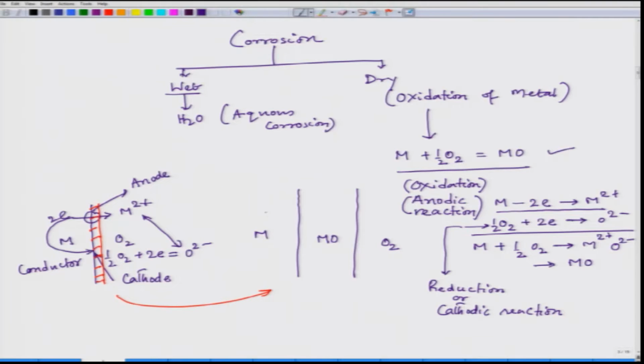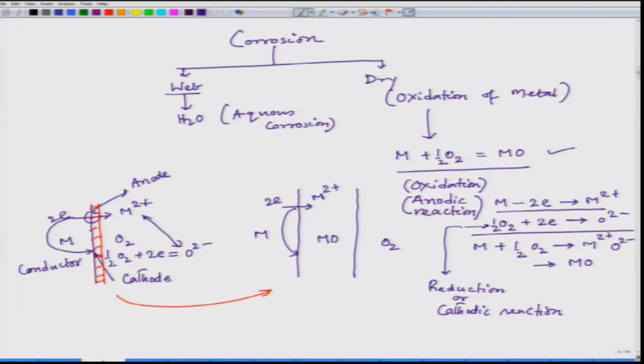So, here we have the metal surface, metal oxide and oxygen. Now, once we have this, the question is whether this reaction would continue or not. If metal ion is forming, 2 electrons are here and these electrons can go somewhere around this metal object, because every metal part acts as a conductor.